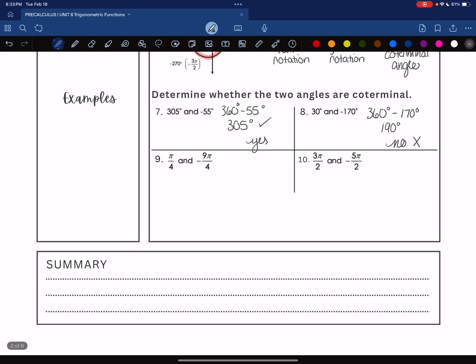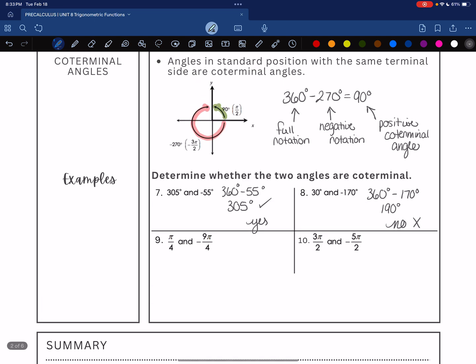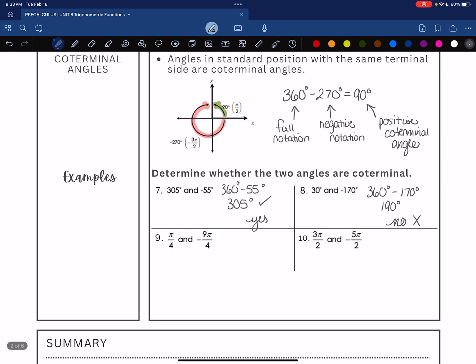All right, now let's look here at these. In the same way we did here, even though we're working with radians, we're going to work with a full rotation, which in radians is 2 pi. And then we're going to take away the negative rotation from that. It is helpful to think of your 2 pi as having a denominator of 1. To be able to subtract these, you're going to want to work in units that have the same denominator.